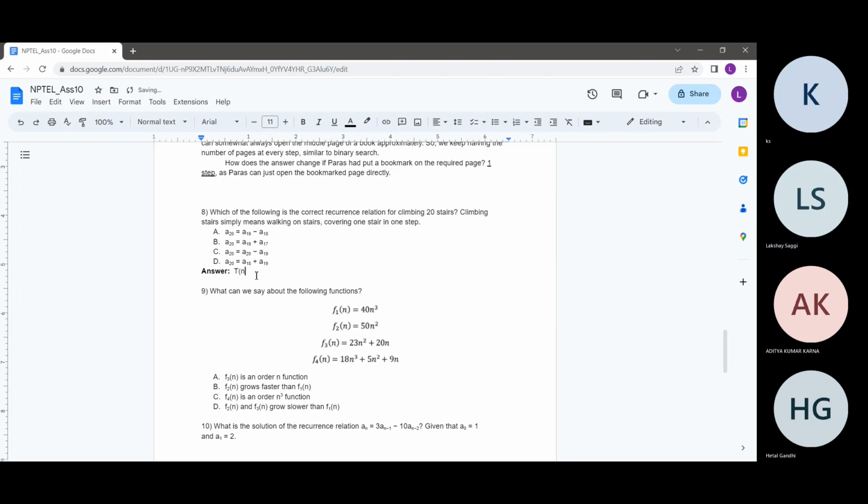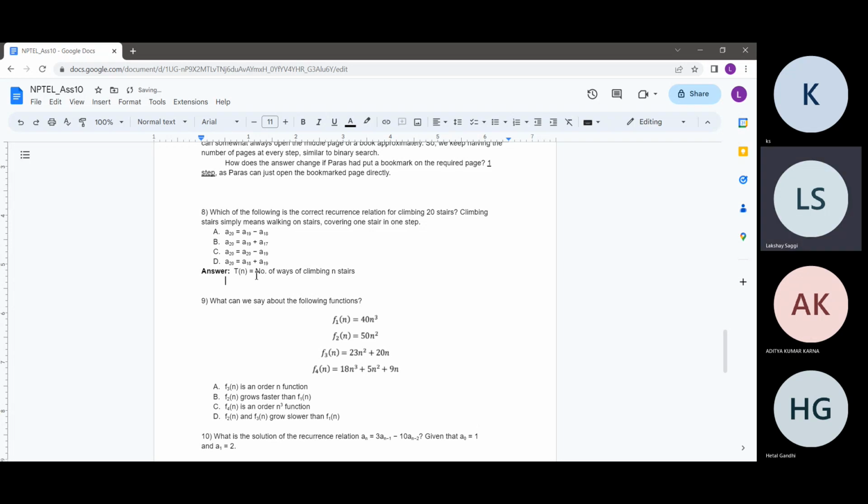Let's just say T of n is the number of ways of climbing n stairs. Then we know that T of n is equal to T of n minus 1 plus T of n minus 2, right?